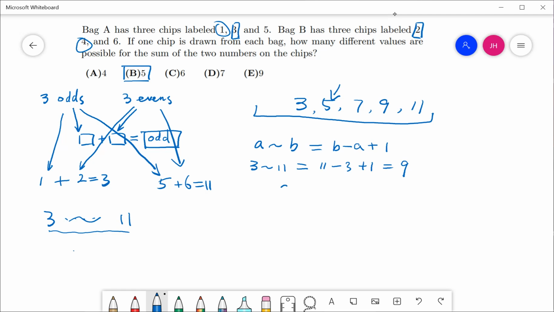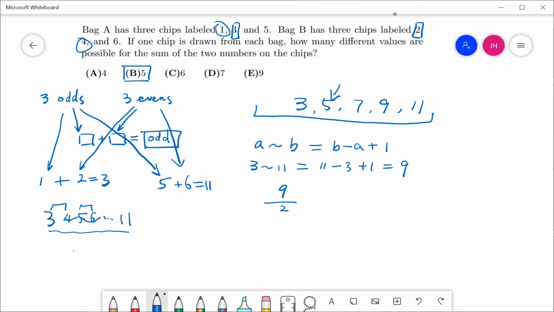Therefore, we divide this 9 by 2. This is because of how you find the odd numbers: you find them in pairs with even numbers. 3 and 4 is a pair, 5 and 6 is a pair, and so on and so forth.